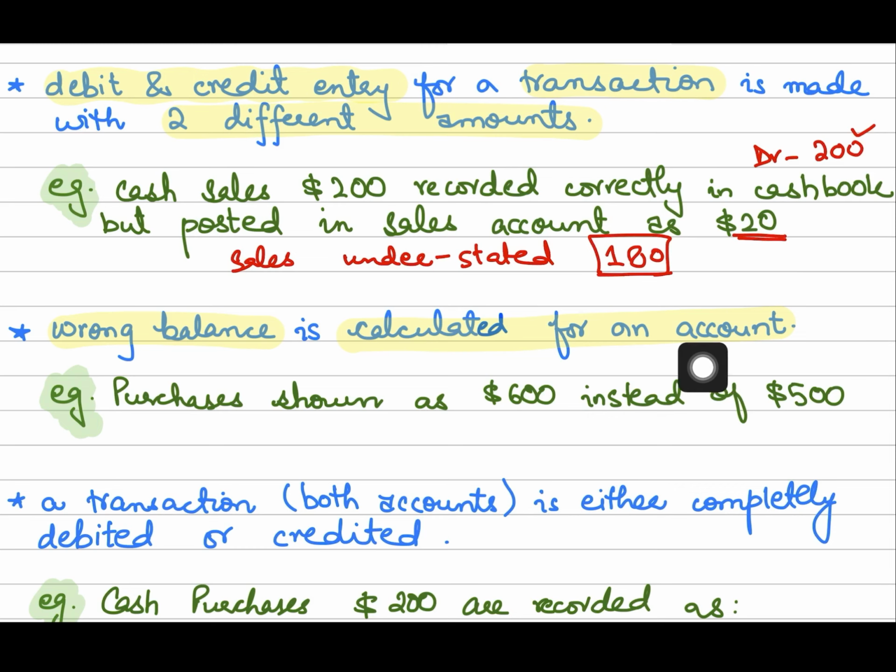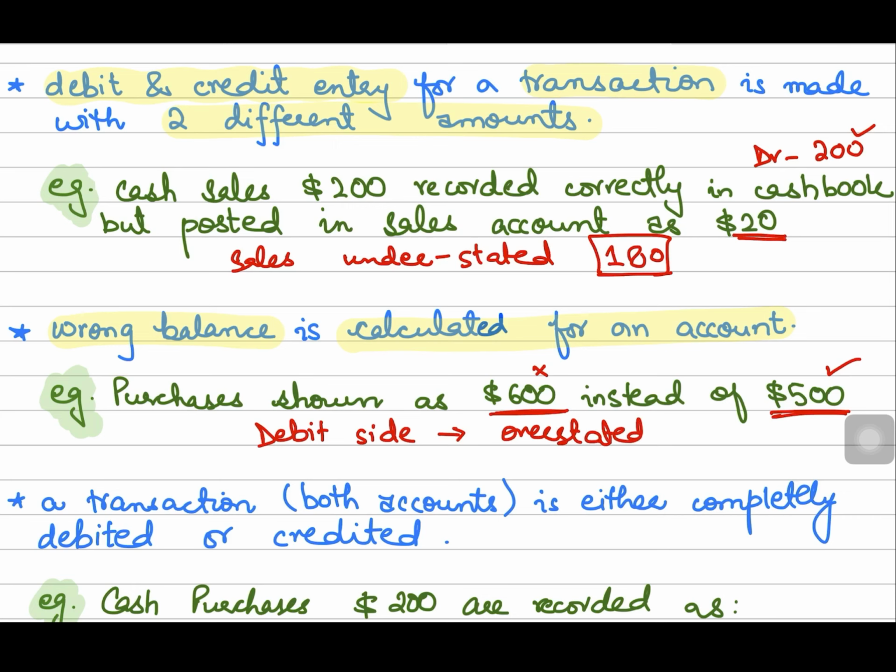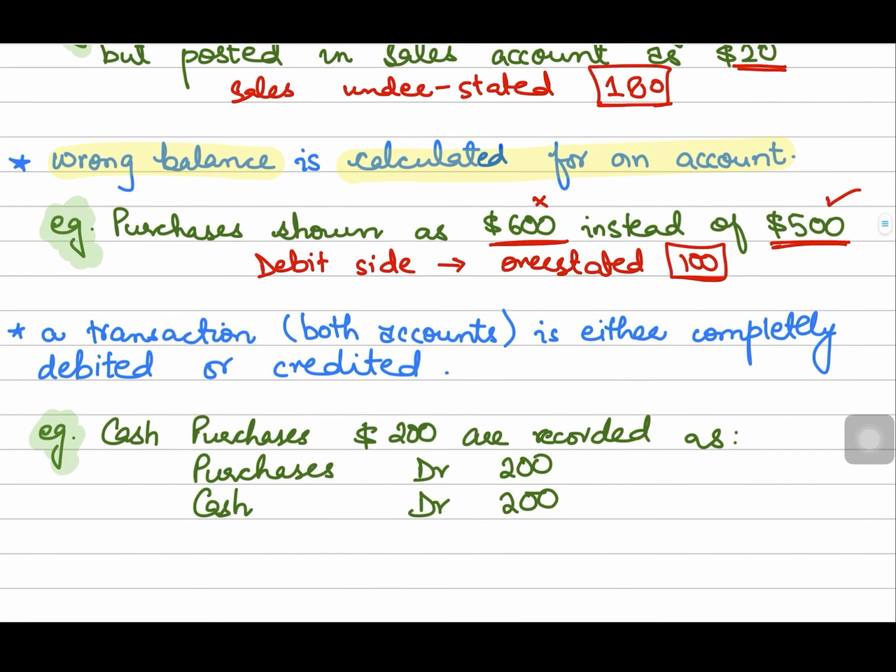For example, purchases shown as 600 instead of 500, right? So the correct value was 500. However, we have shown that as 600 in the trial balance. So because of that, my debit side, because purchases are shown on the debit side of trial balance, will be overstated by $100 and my credit side will be lower by $100. So this will again be revealed.